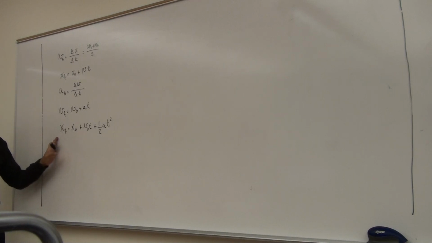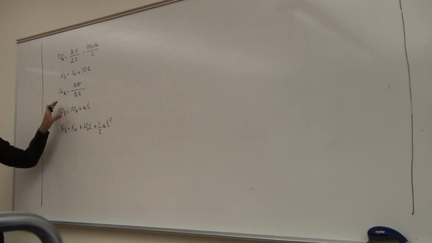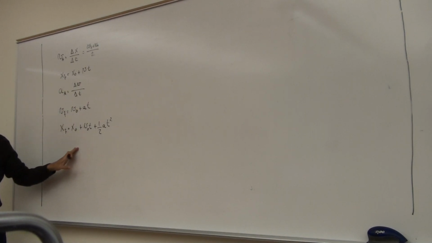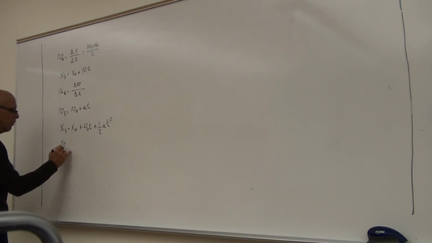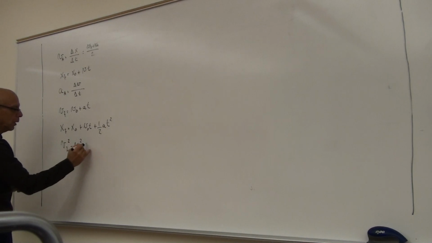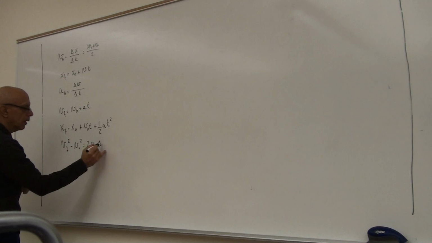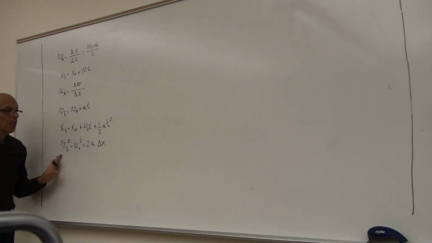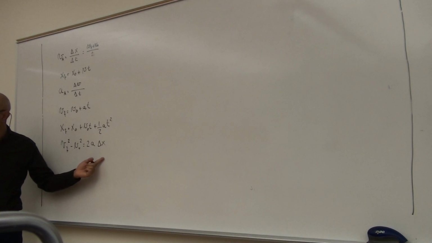From these equations and this equation here, we came up with this one. And last class, I also showed that V final squared minus V initial squared is equal to 2 times A and delta x, if you want to relate the velocity with acceleration and the displacement.